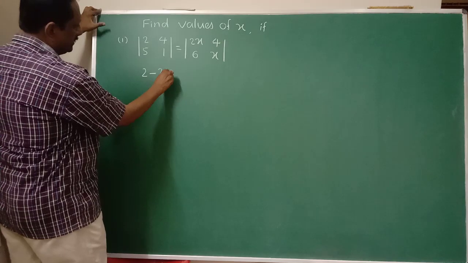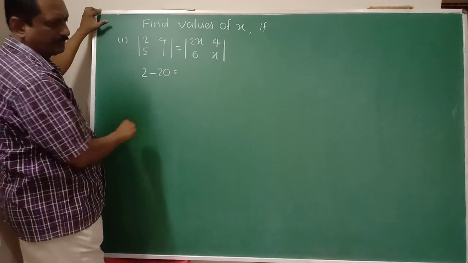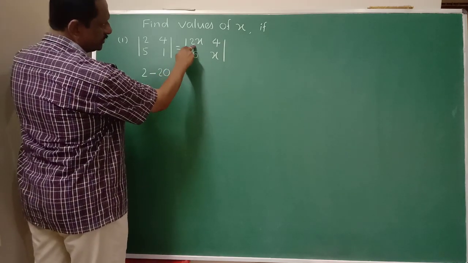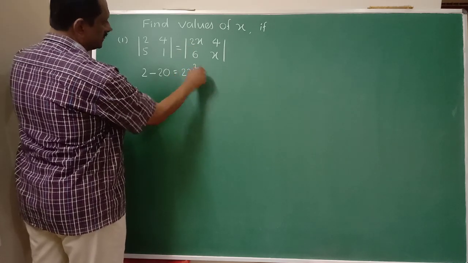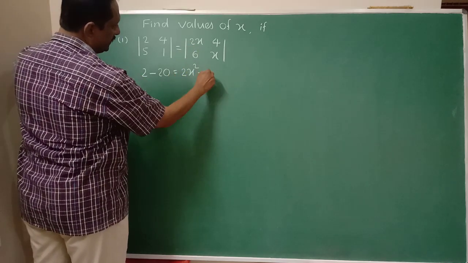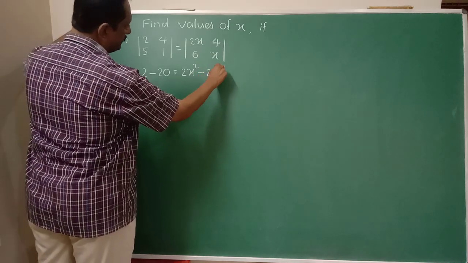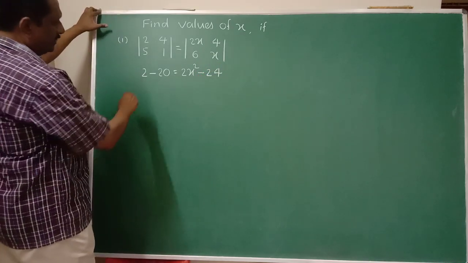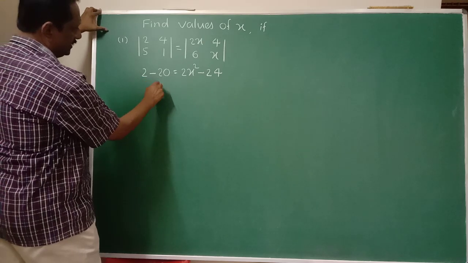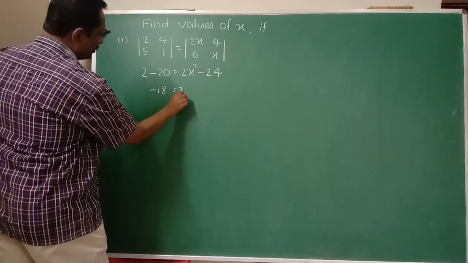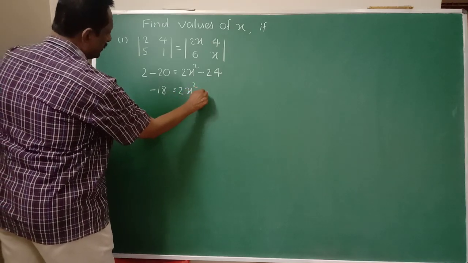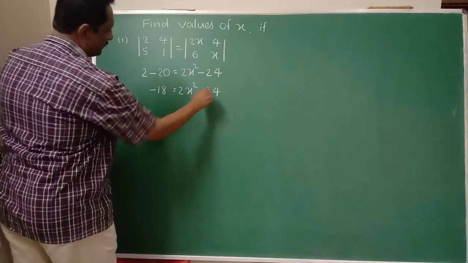It is equal to 2x into x becomes 2x square, minus 6 4s are 24. So minus 24 here. Then 2 minus 20 is minus 18, equal to 2x square minus 24 here.